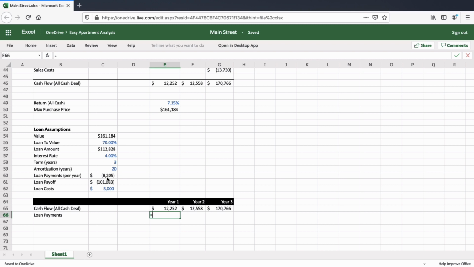So I'm going to write equals loan payments, and I'm going to do the same thing for year 2 and the same thing for year 3. Next, let's subtract out our loan payoff amount in year 3.